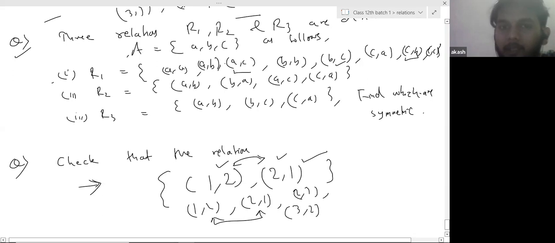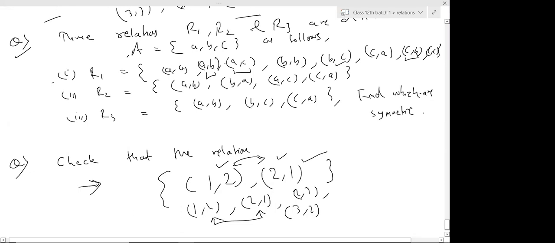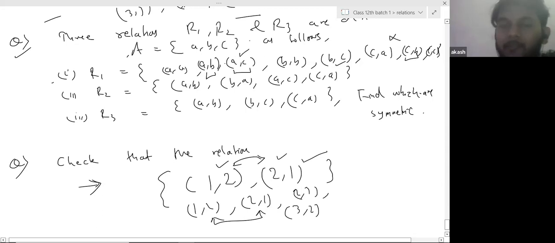But for A comma B, you don't have B comma A. So this will not be a symmetric relation. I told you for each element, the opposite pair must always be there.